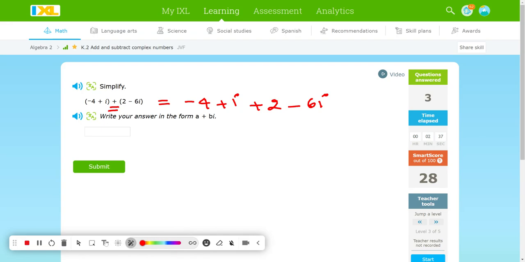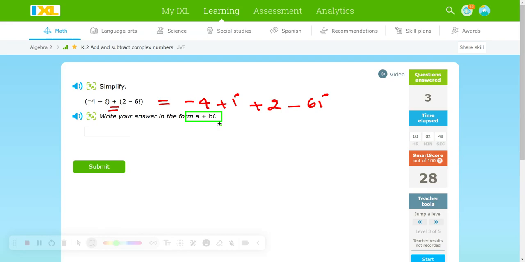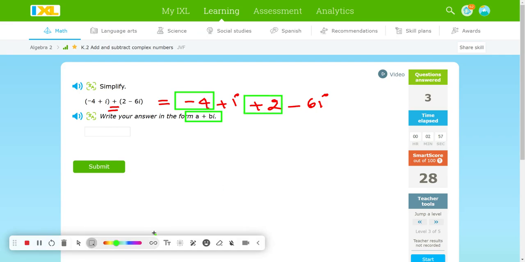Now group the i part together and the numbers together. Since they request the answer number first, i later, I put the number first.